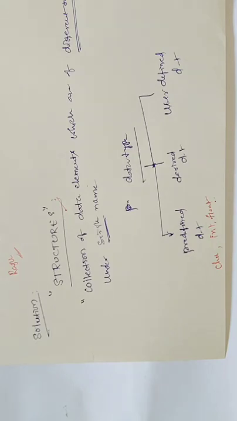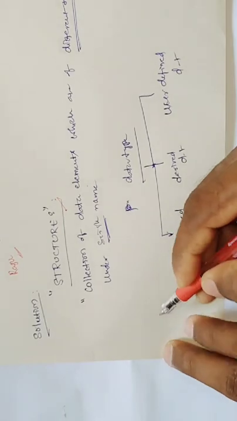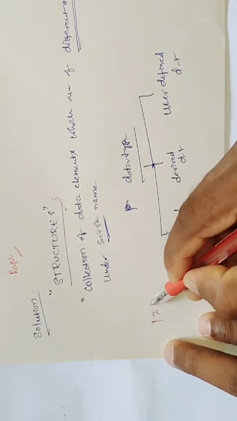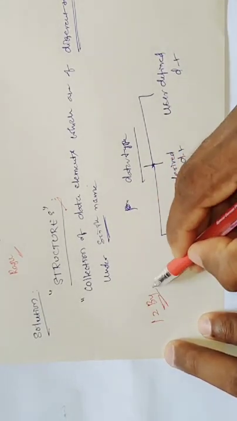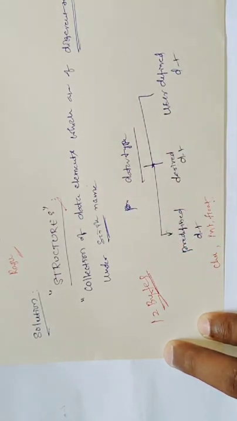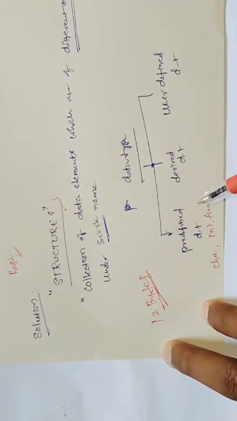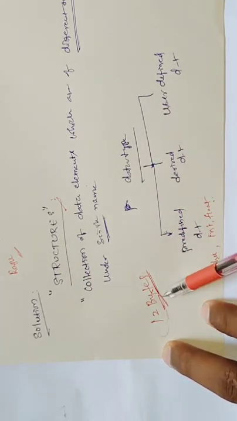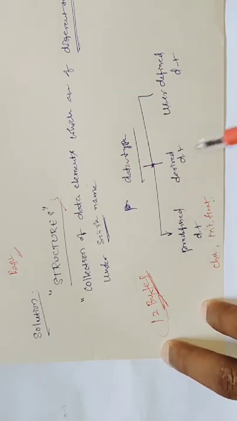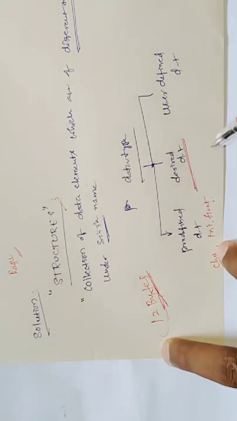For example, if I want to store some data which will take 12 bytes, that is not available with predefined types, because at max we can go for long double which is 10 bytes. But how is it possible to go for 12 bytes? Therefore, we go for derived data types.